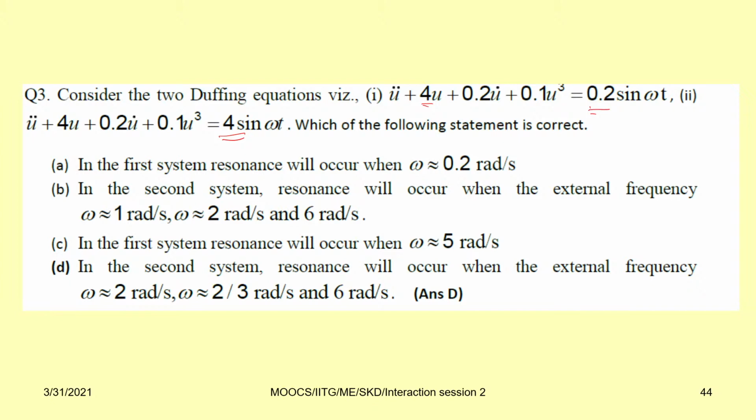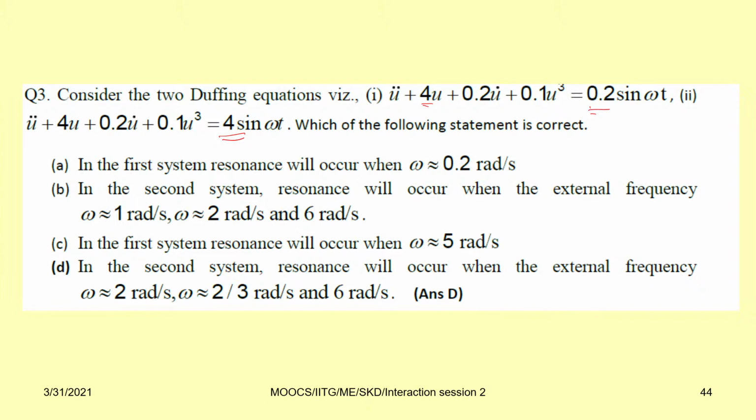In case of weak forcing you can have the simple resonance condition, and in case of the strong nonlinear system, in addition to the primary resonance or simple resonance condition, you can have superharmonic and subharmonic resonance conditions.